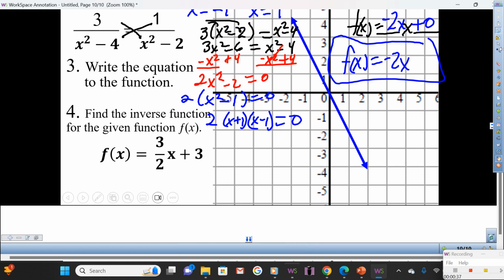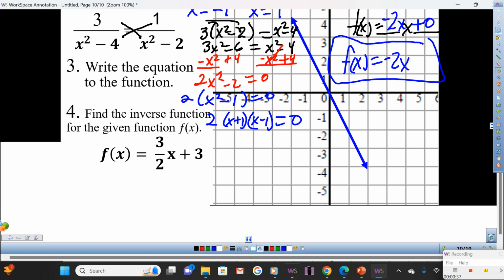And let's go to number 4. Show your neighbor your process before we pass someone to get us started. Look at the process for the inverse, please. All right, pass someone, Bree.